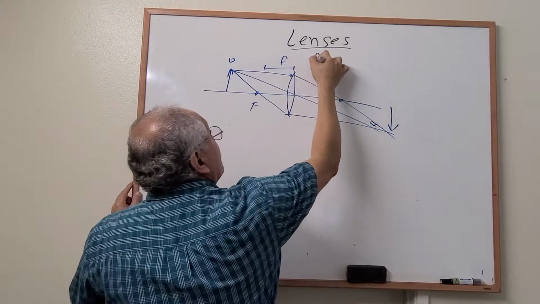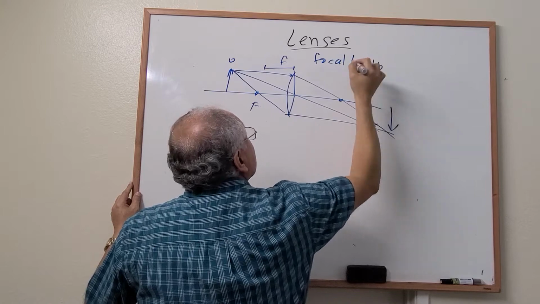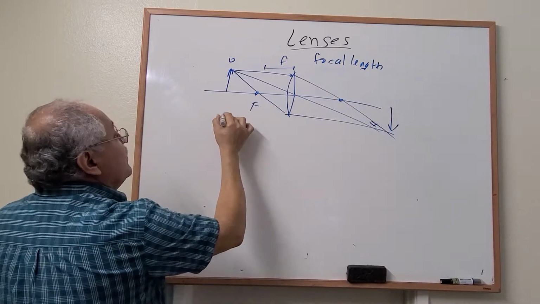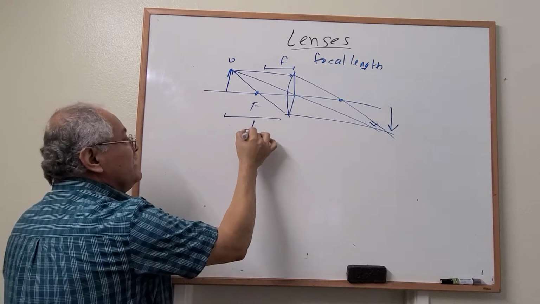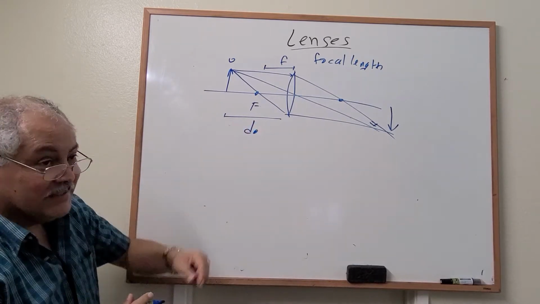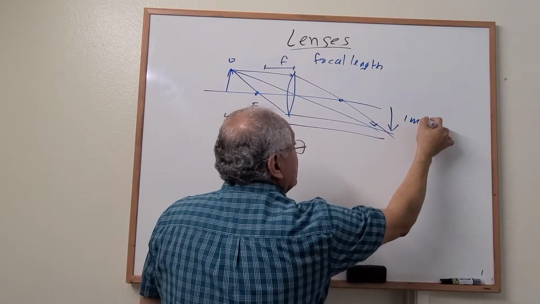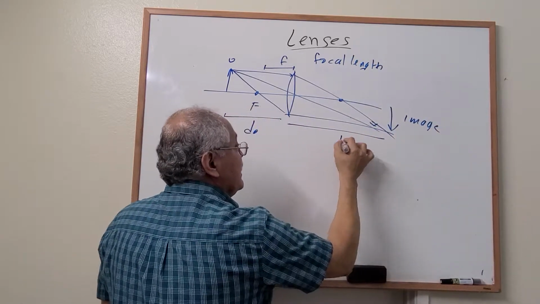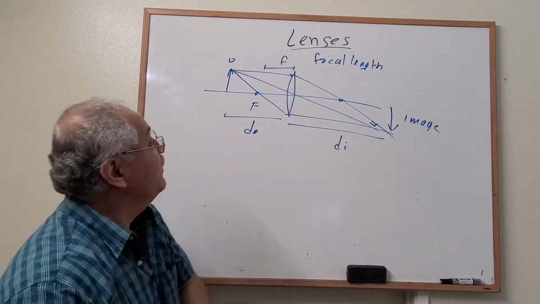The distance from the object to the lens, let's label it as DO, distance from object to lens. And the distance from the lens to the image is labeled DI, distance from lens to image. Okay, perfect.